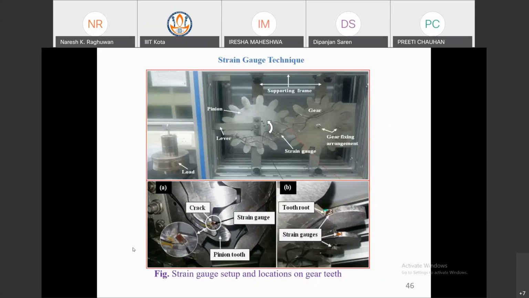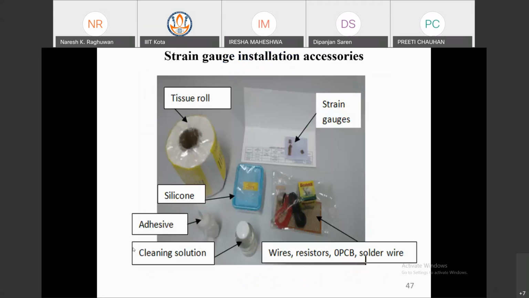Second one, strain gauge. Same thing, calculating the strain at the tooth level. These are some setups. For capturing the strain gauge data, some LabVIEW programming is also required if you are considering an NI instrument for that.